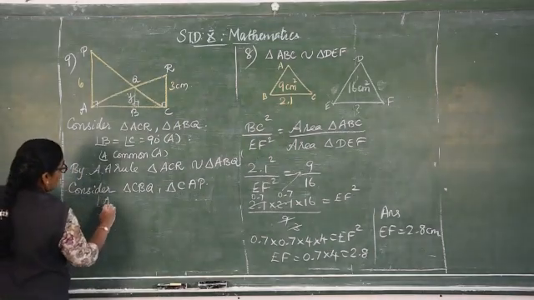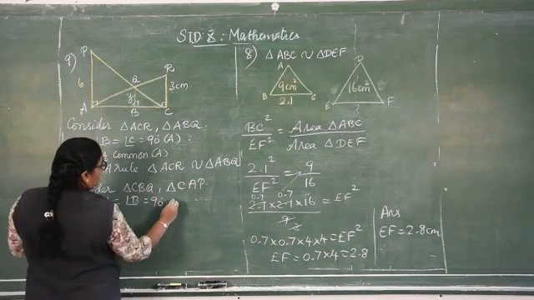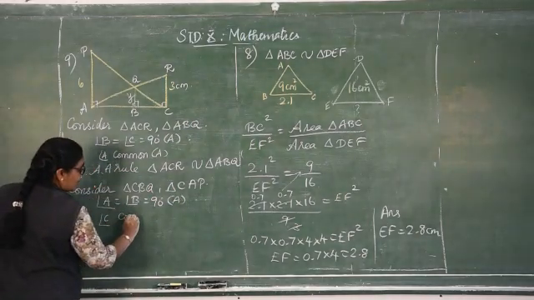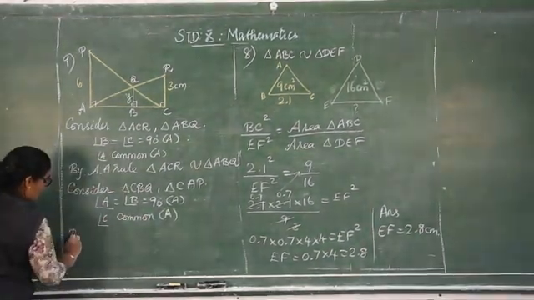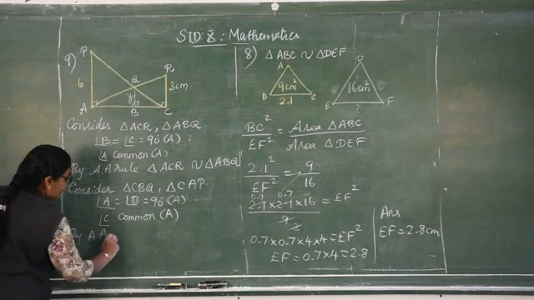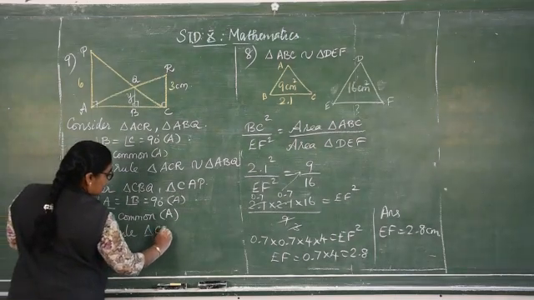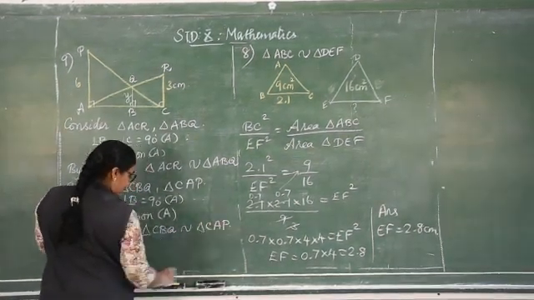So we will be writing angle A is equal to angle B is equal to 90 degree, and the measure of angle C is common. So by AA rule, we can say that triangle CBQ is similar to triangle CAP.